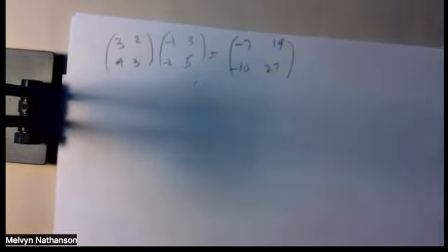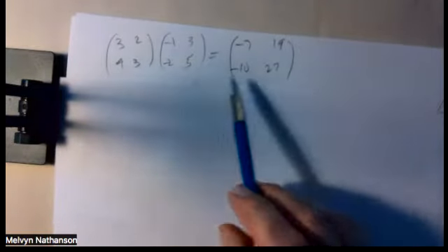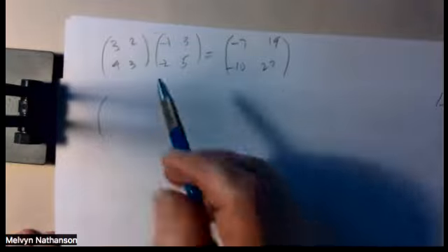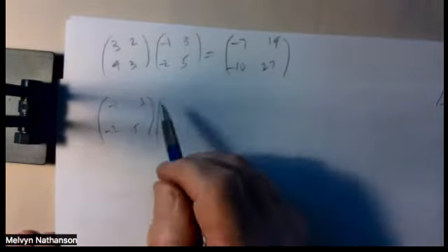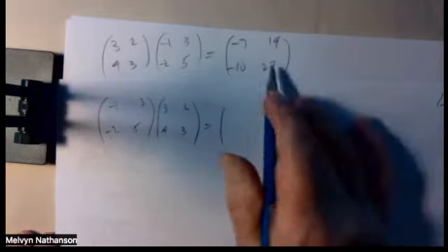Let's do one more calculation. I multiplied these two matrices together and I got this. Suppose I multiply them in the opposite order. Suppose I go minus 1, 3, minus 2, 5, times 3, 2, 4, 3. What do I get?